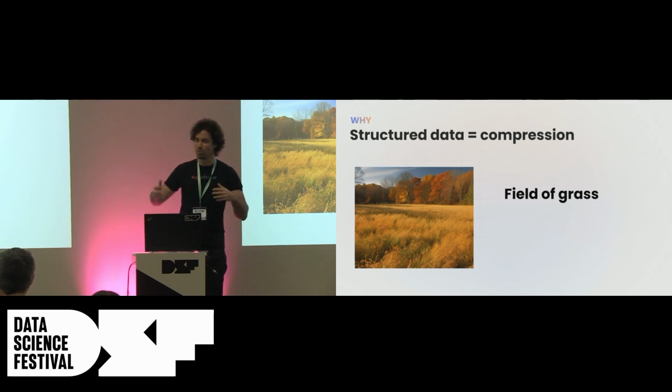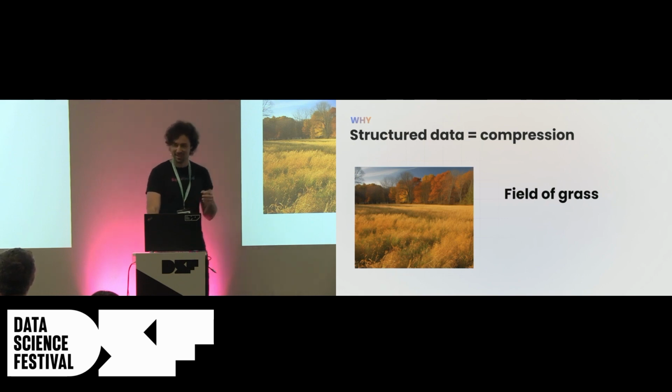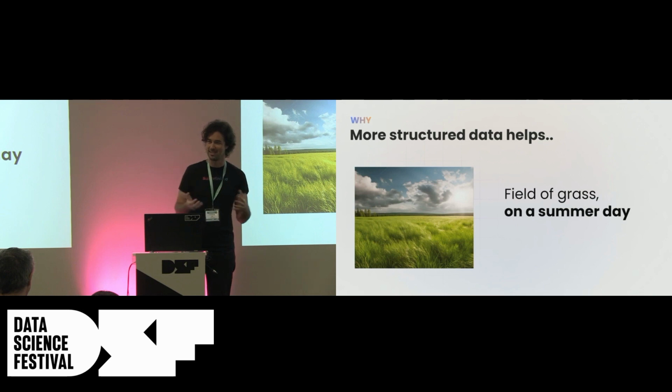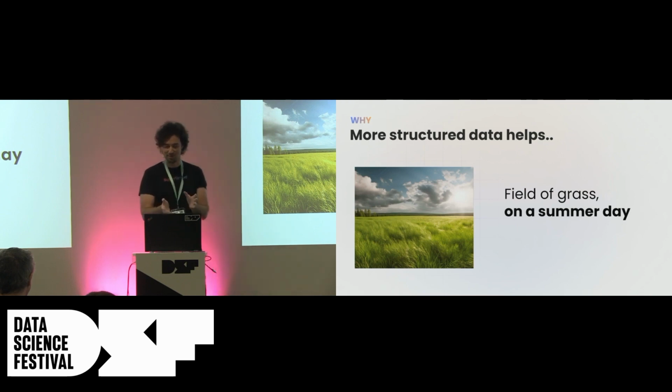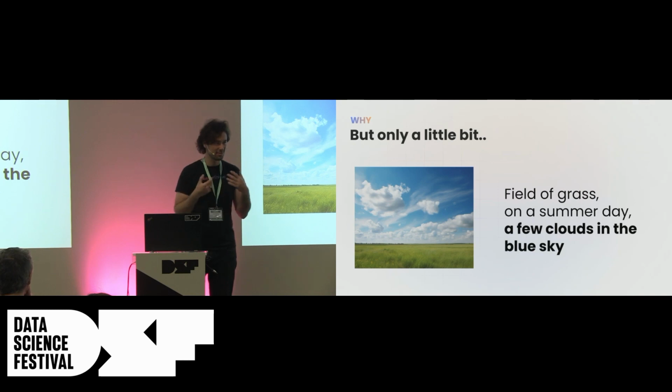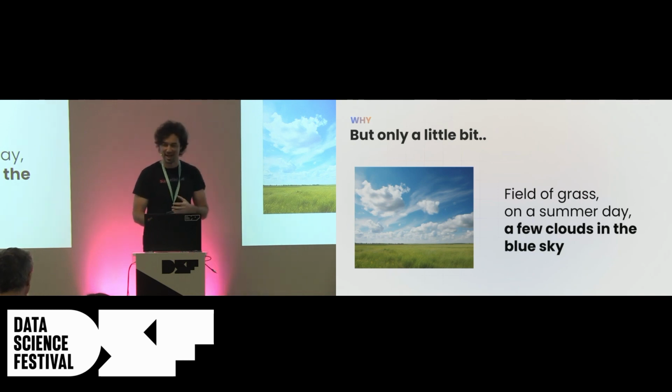So what we do in the structured data world, we refine from there, right? So we say field of grass on a summer day, right? We add some more. And it's closer to where we started, but it's still a completely different place, right? And so you can kind of keep doing that, right? You can add more structured data to describe the actual item you are talking about, let's say your user with all their complexities.